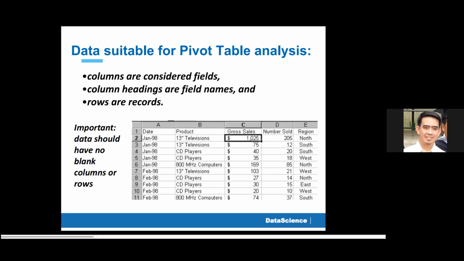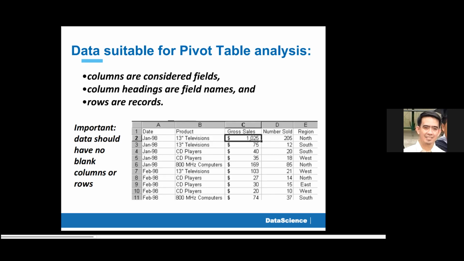So it's very important for us to have a column name so that we could identify the data that we are actually using in our pivot table as well as in the pivot chart. And each of the observations are the so-called rows or records of our data set. Important, data should have no blank columns or rows.